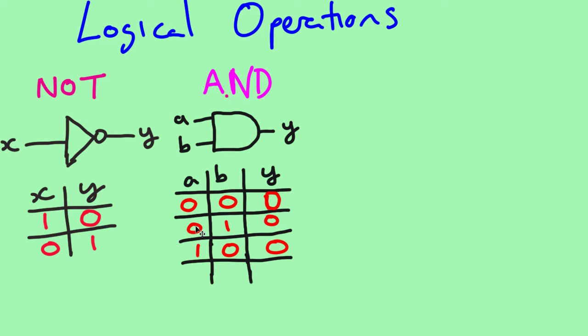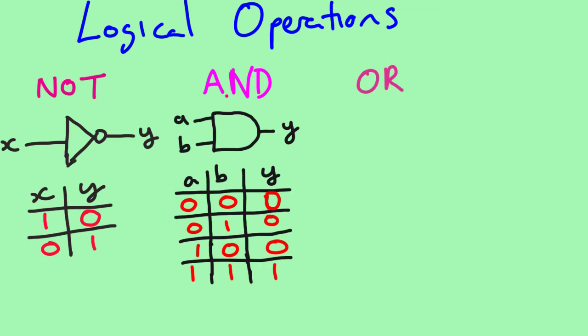When we have either a 0, 1 or a 1, 0, so when both are different from each other, we get a 0. But when they're both 1s, we get a 1 out. So if they're both high, we get a high out.